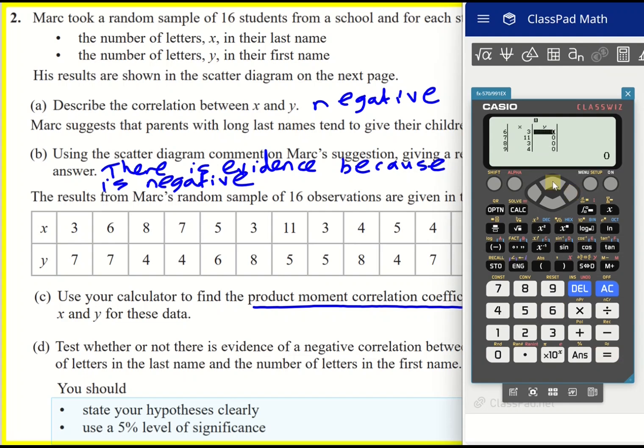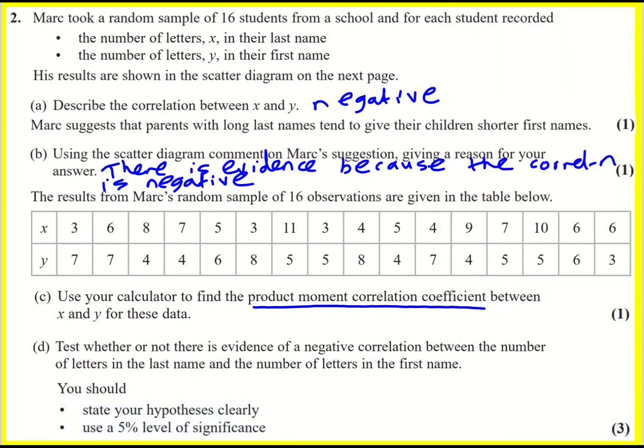Okay, so of course, it's a bit quicker if you've got your handheld calculator. Then we start again with y. Then 4, 5, 5, 6, 3.